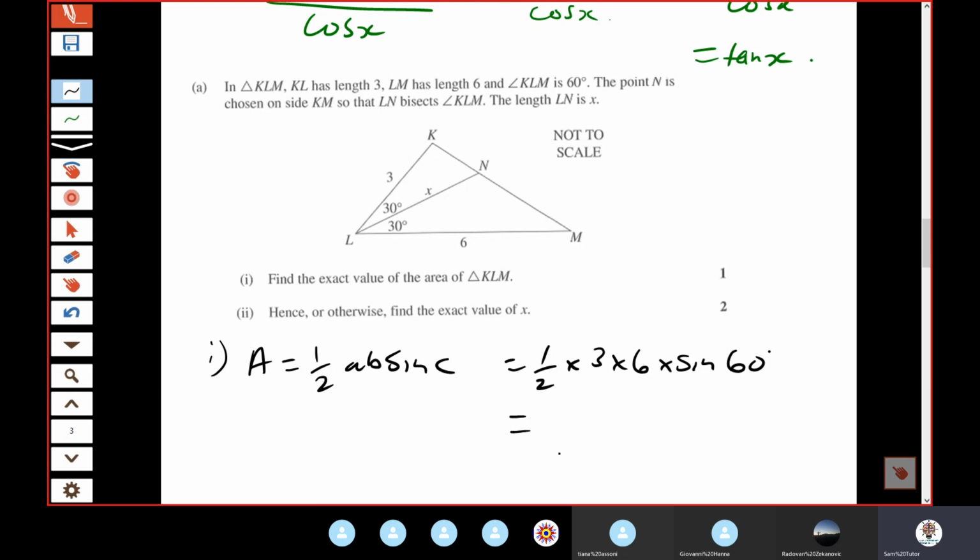Sine 60, plug it into your calculator, should give you root 3 on 2. And then your answer is 18 divided by 4, 9 root 3 on 2. So leave the root 3 and you're done. Any questions?